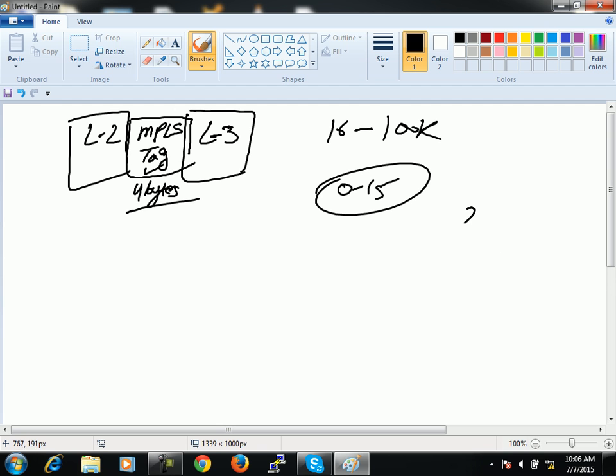Because you are having 2 raised to the power 20, so you can calculate that.